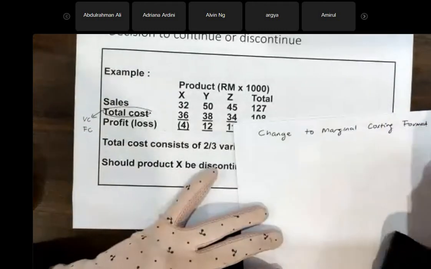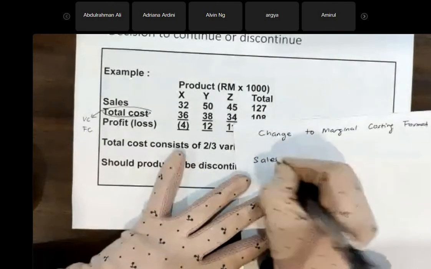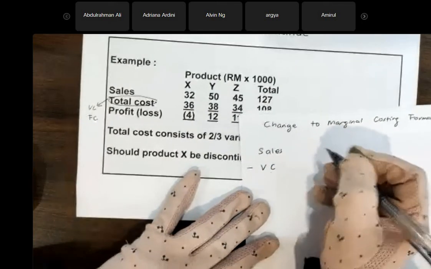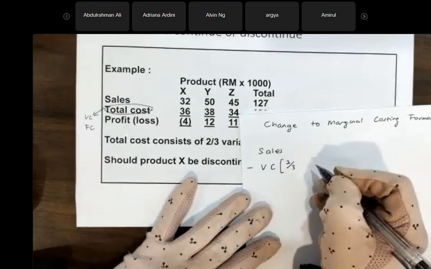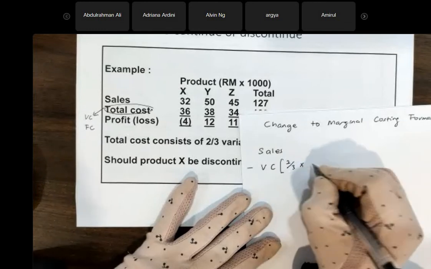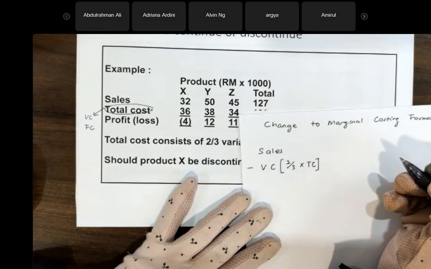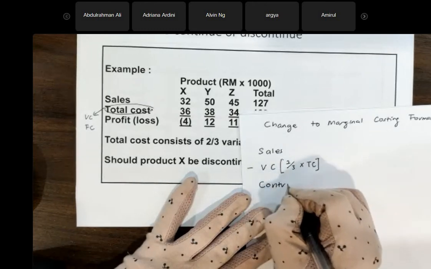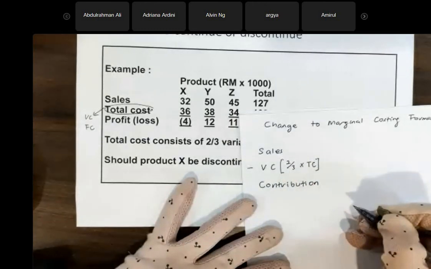Okay. So what is the marginal costing format? Start with sales and then you minus the variable cost. Only the variable cost here, which comes from the total cost, and then you get the contribution.